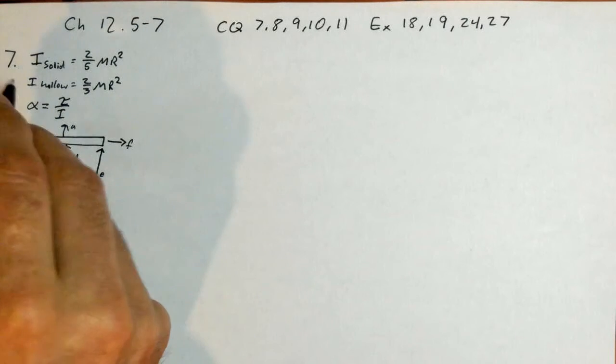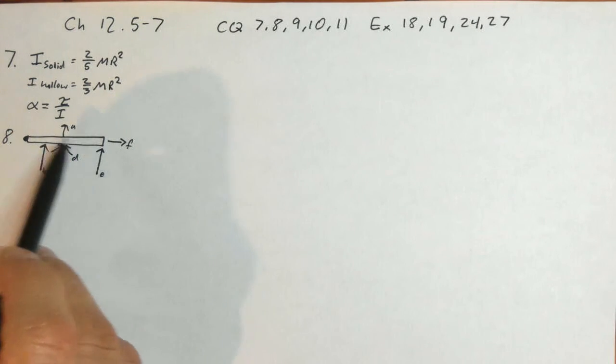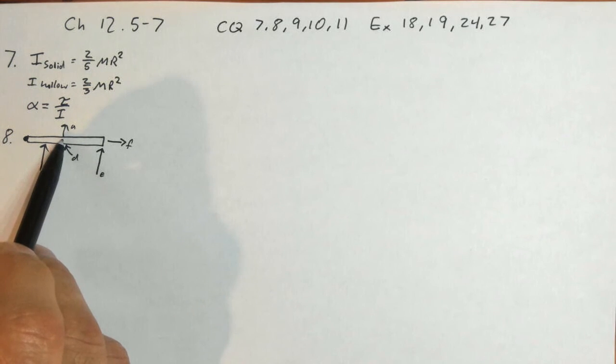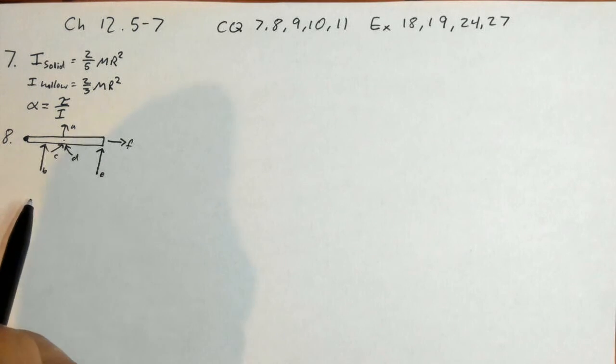The pivot point is right here. We're told that this rod is of length L. The distance from here to here is 1/4 L. The distance from here to here is half L. All these vectors are applied at that one point. These A, C, and D are all applied at that point.